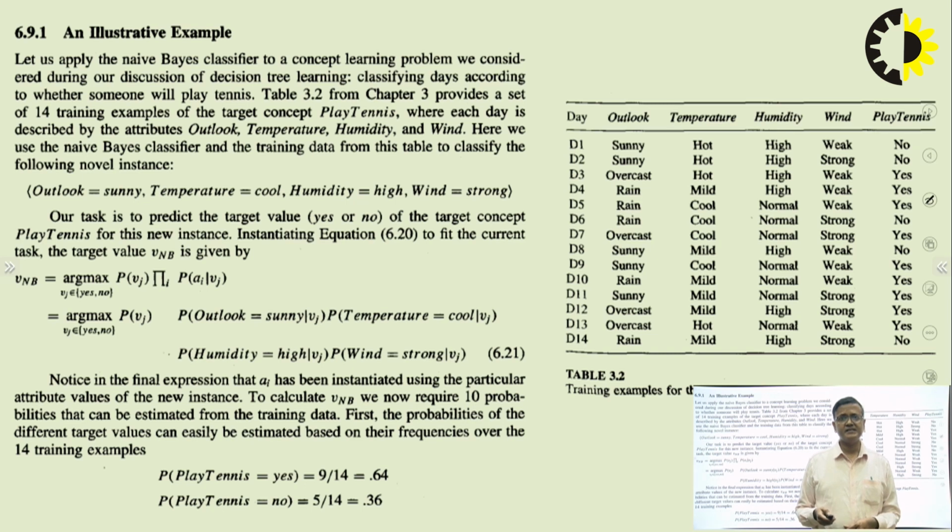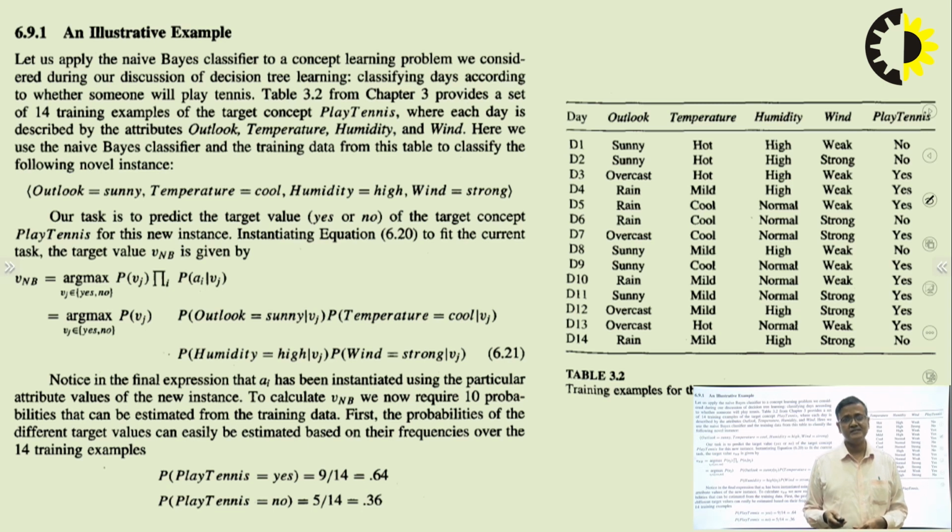Then if we see the 7th, 8th, 9th, then the 10th is our case where the wind is strong and play tennis is yes. And the 11th row, wind is strong and play tennis is yes. And finally, the second last row, wind is weak, so this is not our case. And the last row, wind is strong but play tennis is no, this is again not our case. So we have a total of 9 play tennis yes cases.